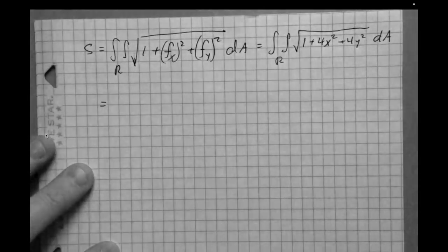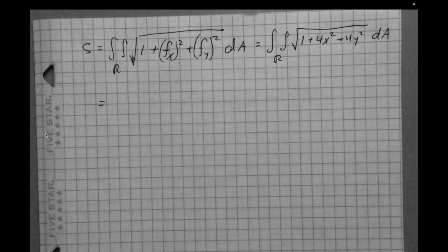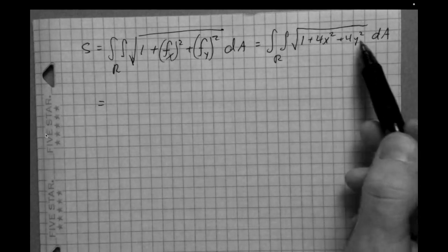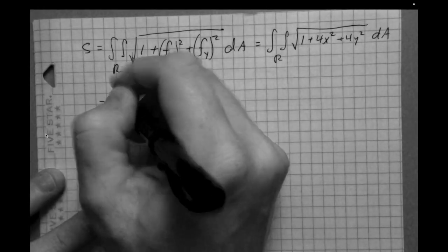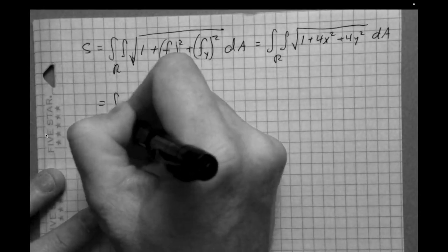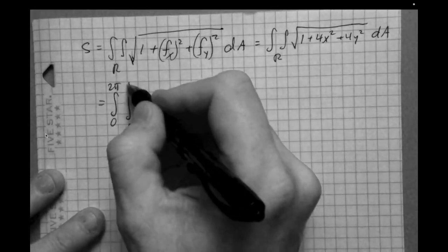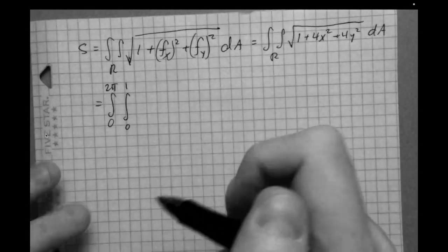Okay, and then we can convert this to polar form, right? So wherever you see x here, that's going to be r cos theta. And wherever you see y, that's r sine theta. Okay, and so we can set this up. The integral will go from 0 to 2 pi, and then from 0 to 1. Right? So the radius is the inner integral, the theta is the outer integral.